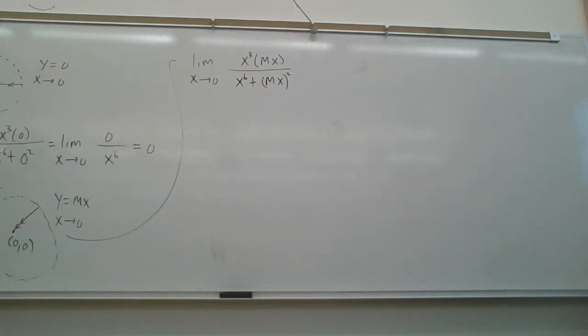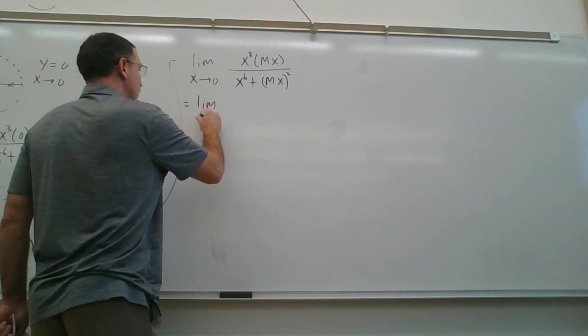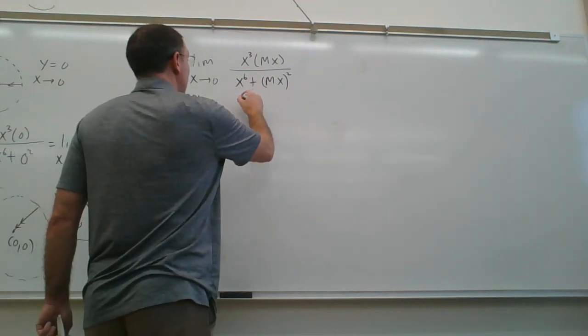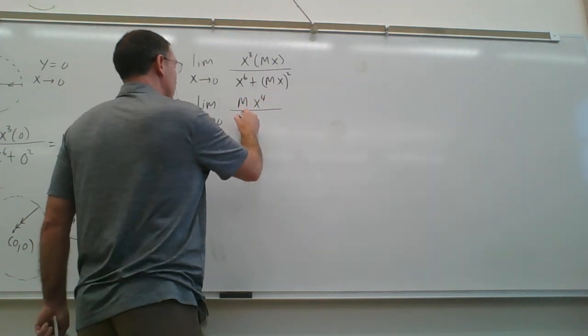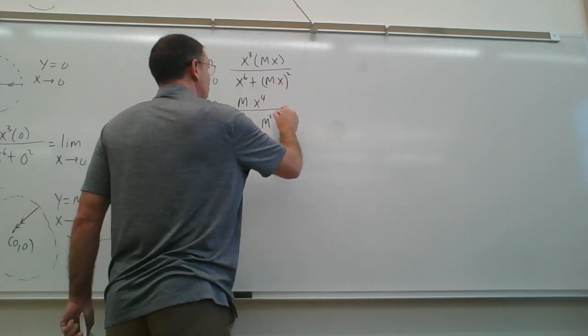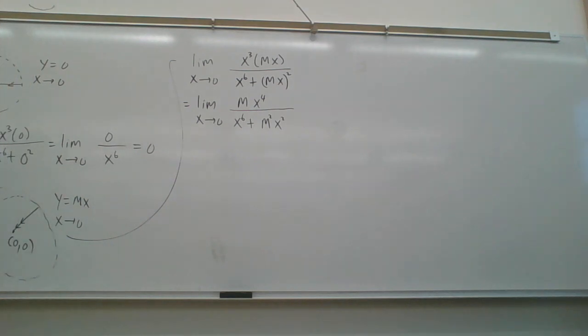So we get this, and let's work this out. So we'll have the limit as x goes to 0 of m x to the 4th over x to the 6th plus m squared x squared. Okay, let's keep going with this.